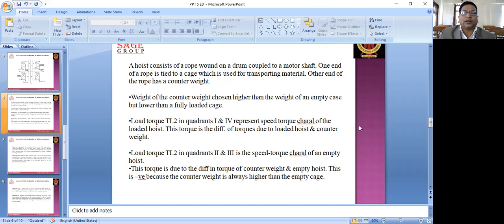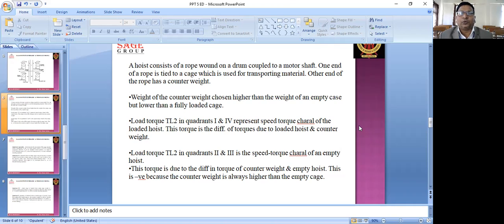So the load torque TL1 in quadrants 1 and 4 represents the speed-torque characteristic of the loaded hoist. This torque is the difference of the torque due to the loaded hoist and the counterweight. The load torque TL2 in quadrants 2 and 3 is the speed-torque characteristic of the empty hoist.